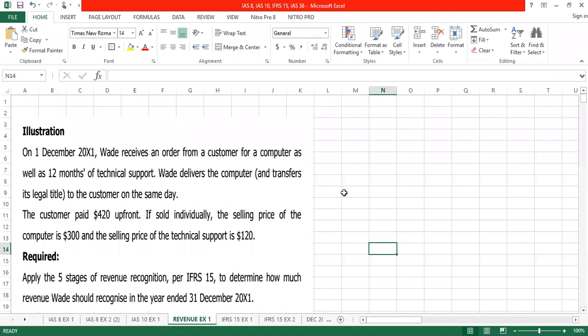Wade delivers the computer and transfers its legal title to the customer on the same day. The customer paid $20 upfront. If sold individually, the selling price of the computer will be $300, and the selling price of technical support will be $120.